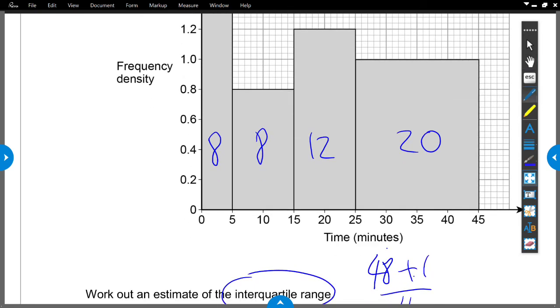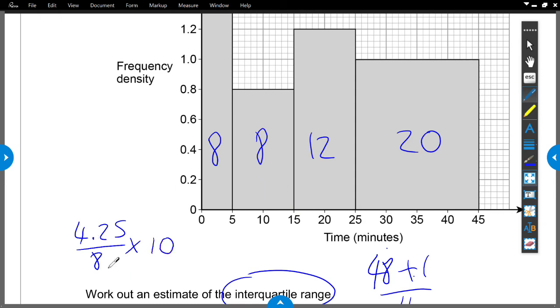Now 4.25 is a frequency. There's 4.25 data points. So 4.25 out of 8. That's basically the fraction of the way we are along here. 4.25 over 8, and that's of 10, because we've got a class width of 10.